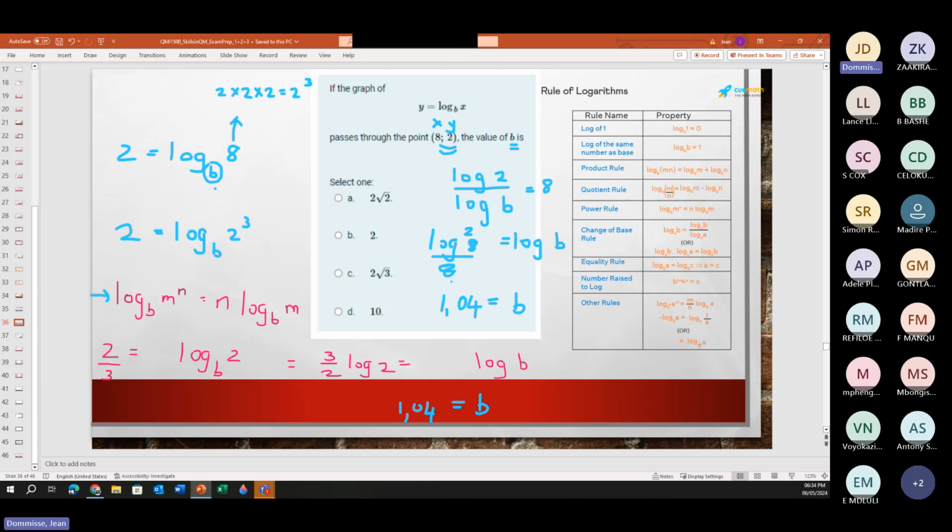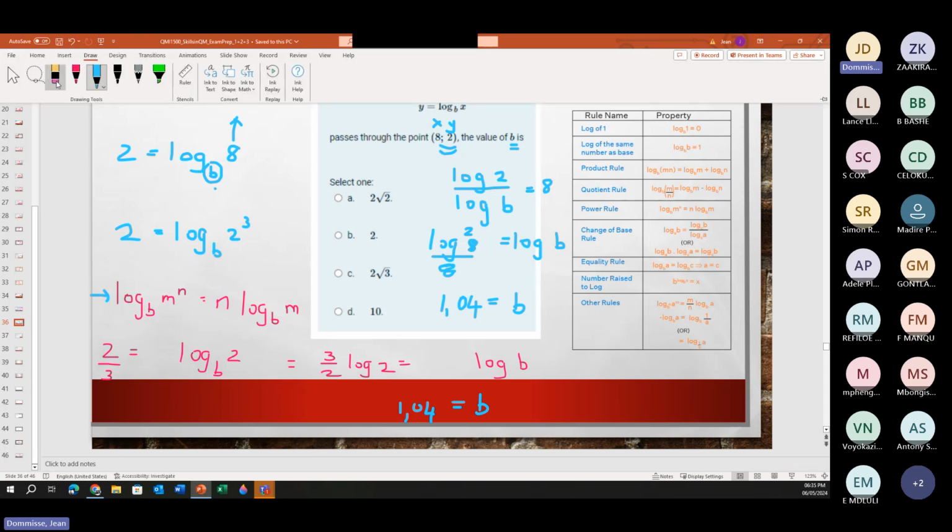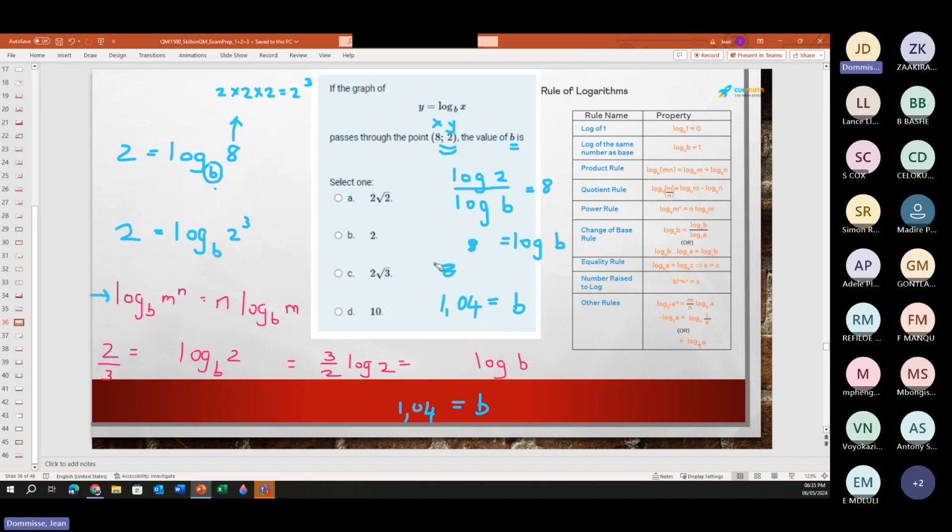Okay, so here's definitely a mistake with this question. Yeah, no, it even becomes smaller. So it's also not that those two are swapped around. So by basically both processes, we should get that b is equal to 1 comma 04.